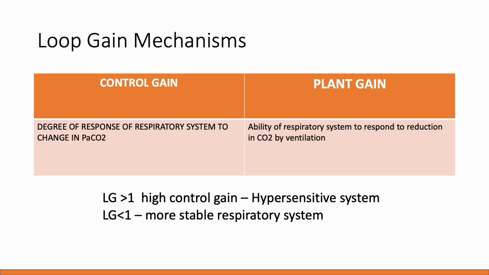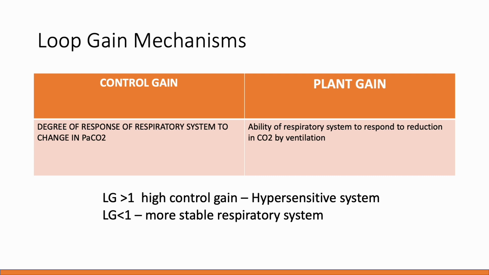So the mechanism of loop gain or loop control is that there could be a control gain or a plant gain. Now, what does that mean? A control gain is the degree of response that the respiratory system shows to any change in PaCO2. Now, if the respiratory system is too sensitive to changes in PaCO2, the patient will again have a lot of instability in breathing.